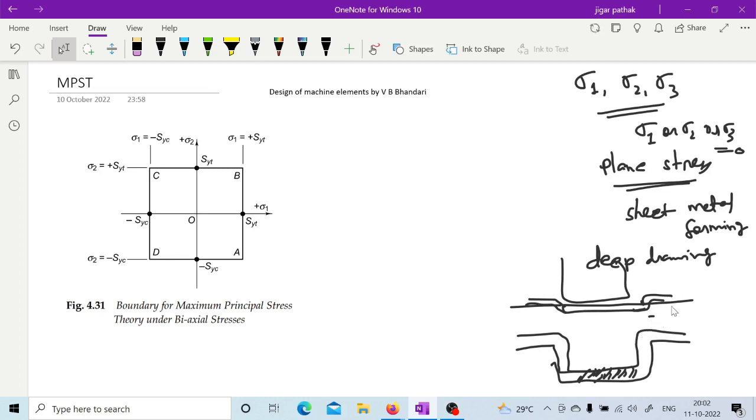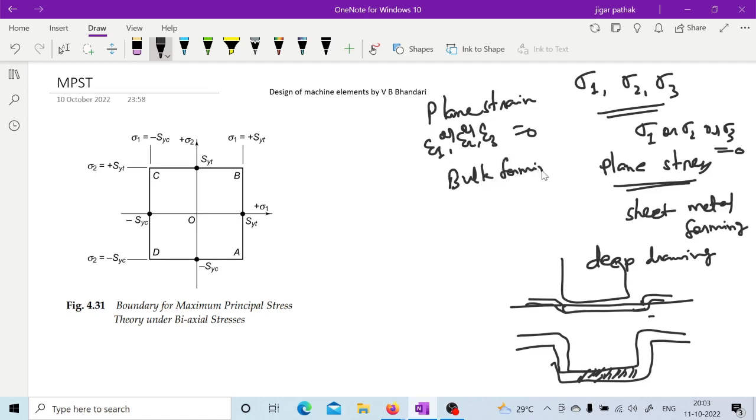Yes, sir. Similarly, the plane strain condition is also there. Plane strain is when any of the strains E1, E2 or E3 is 0. In that case it can be considered as plane strain. Whenever there is a bulk forming operation, like forging or rolling, you have the plane strain condition.